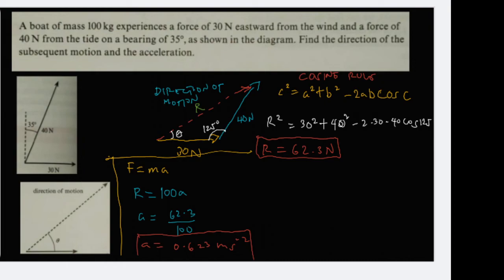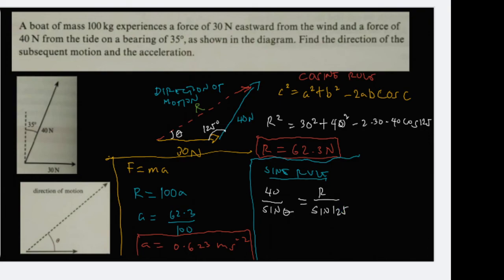If we're going to use the sine rule, remember that the sine rule is A over sine A equals B over sine B equals C over sine C. So here, if we use the sine rule, we will have 40 all over sine theta is equal to R all over sine 125.